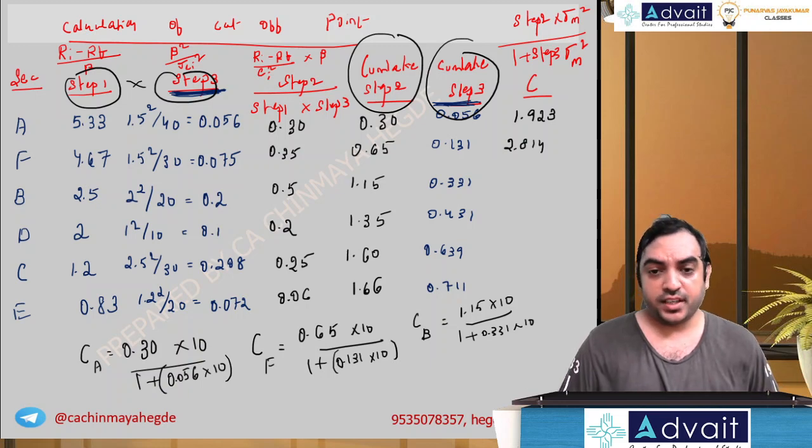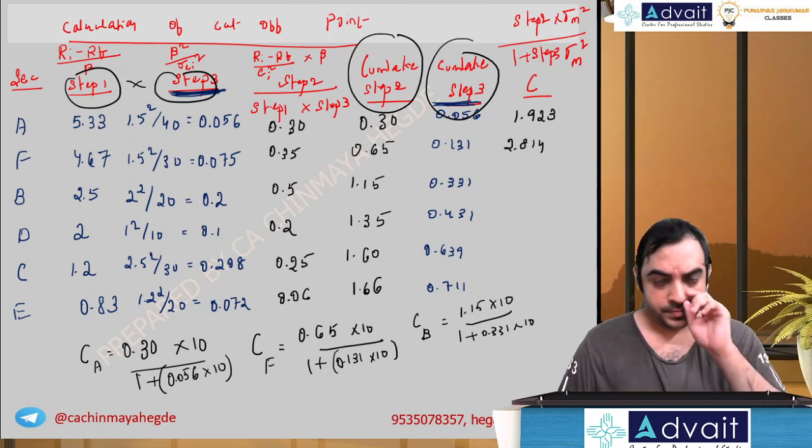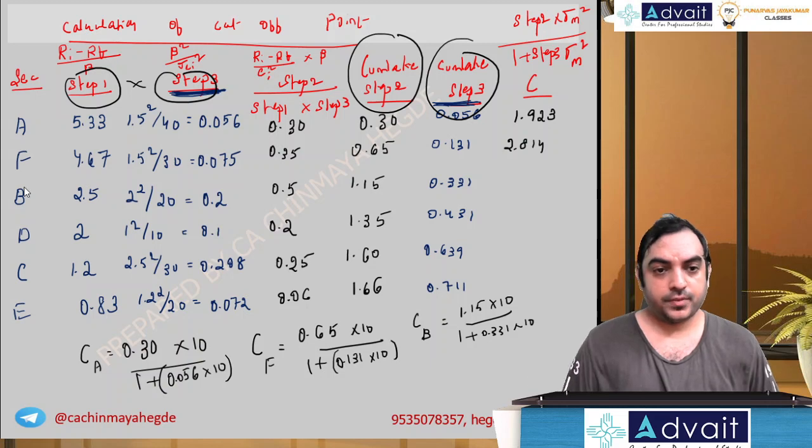Calculate the denominator first, 0.331 into 10 plus 1, M plus, 1.15 into 10 divided by MRC equals 2.668. Okay, 2.668.